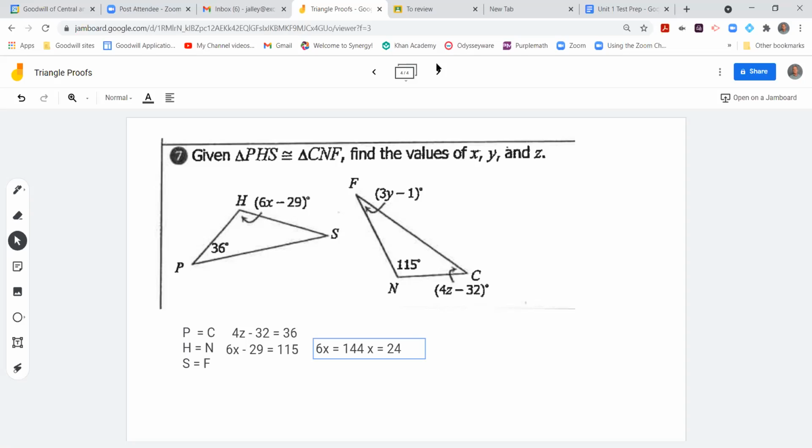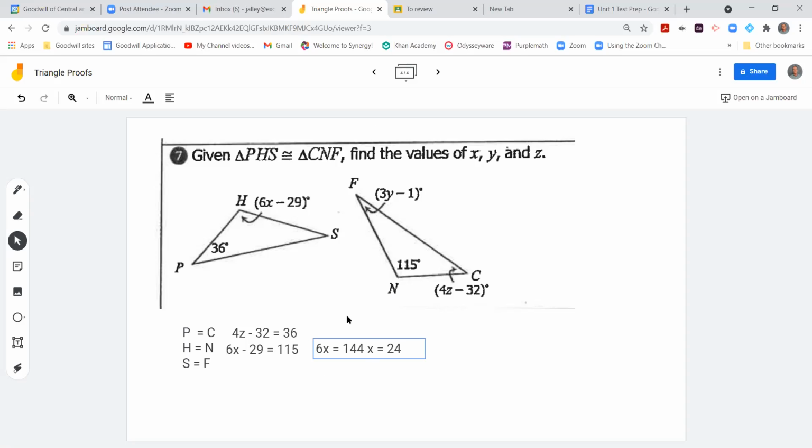I already know what angle H is, because it equals N, it's 115. I do need to find X anyway, because that's part of the problem. But to find S, I just made it more difficult than it needed to be. I really just needed to add 36 plus 115. That's 151. So angle S is 29 degrees.